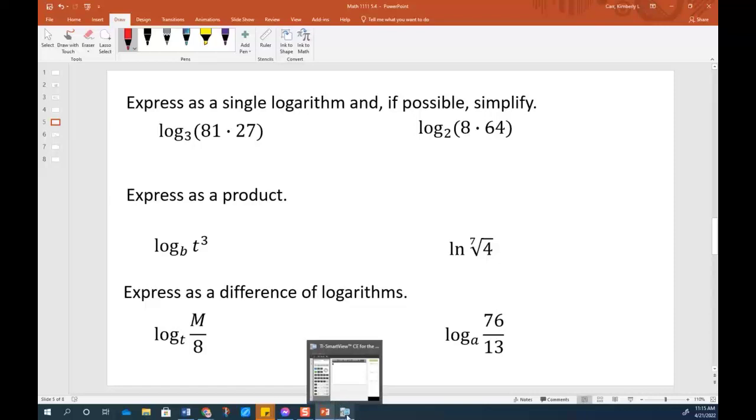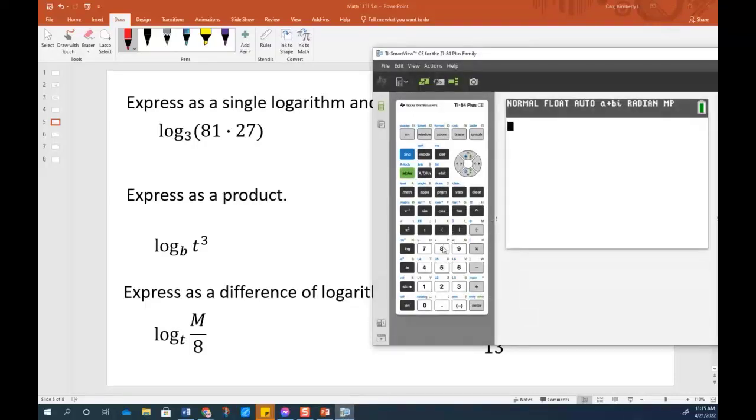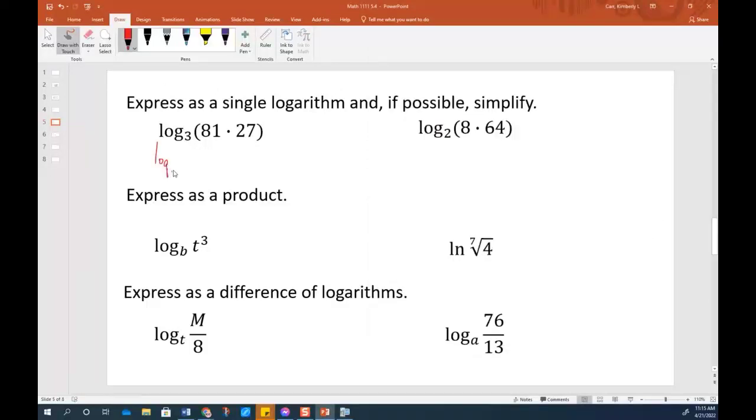You want to say, okay, well, 81 times 27, and that's 2,187, log base 3 of 2,187. And then simplify becomes 3 to the what is 2,187.